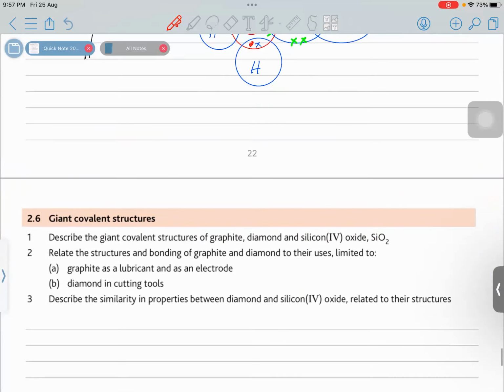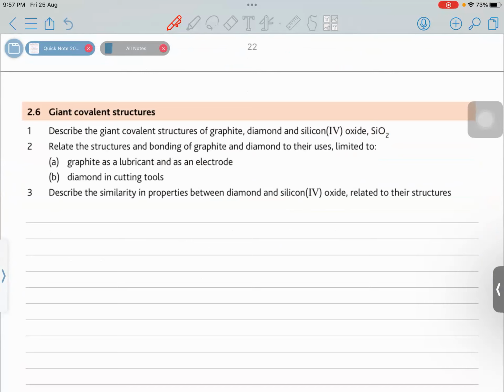Can you tell me what compounds are giant? Yes, anyone? Sir, they are covalent. They have many covalent bonds. Graphite, diamond. Very good. They have giant covalent bonding, right? Giant means a structure which is more extended, right? The structure which is more extended.